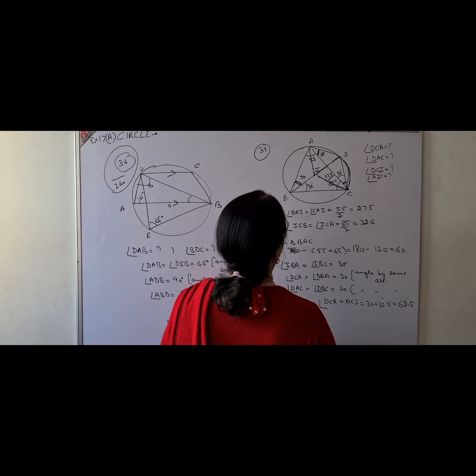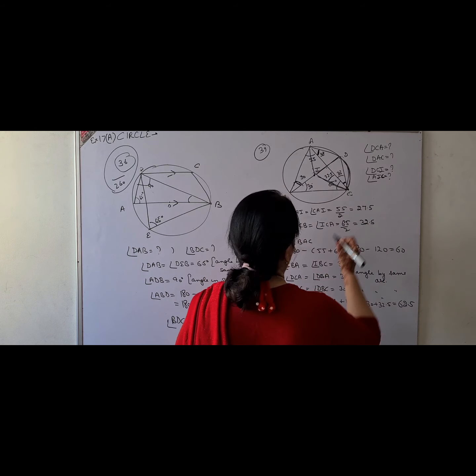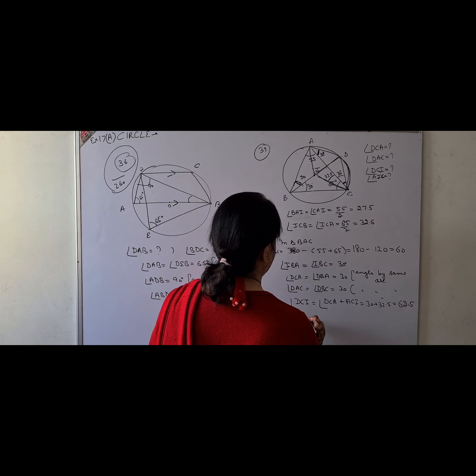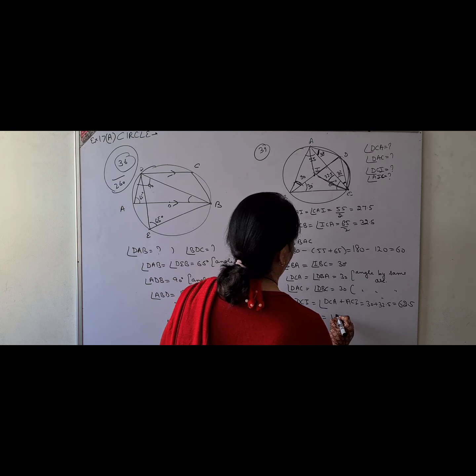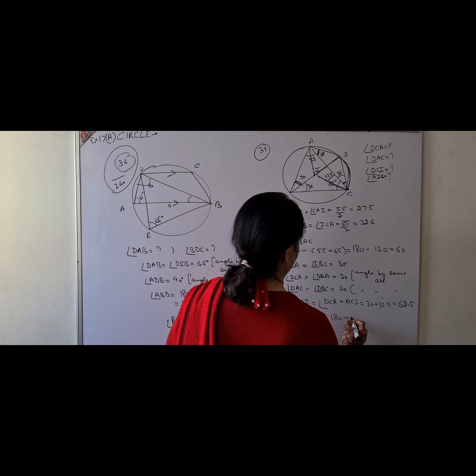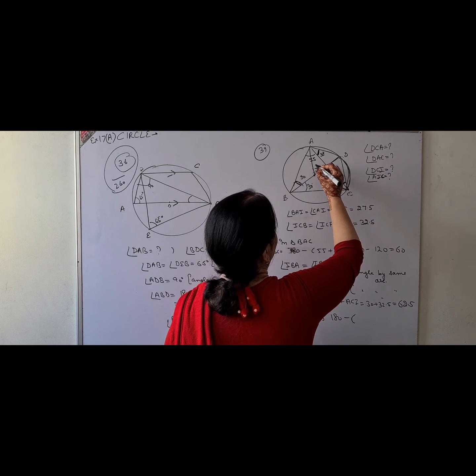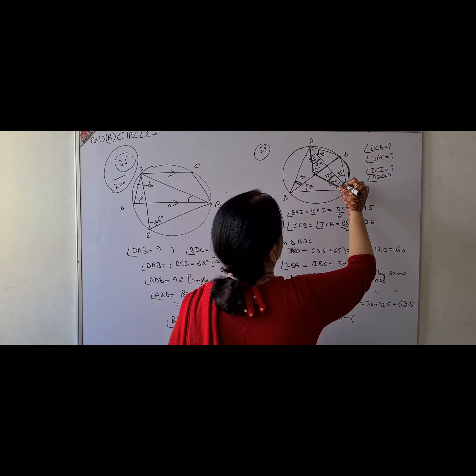Then last is AIC, very simple. In triangle AIC, 180 minus (32.5 plus 27.5), because I am talking about triangle AIC.